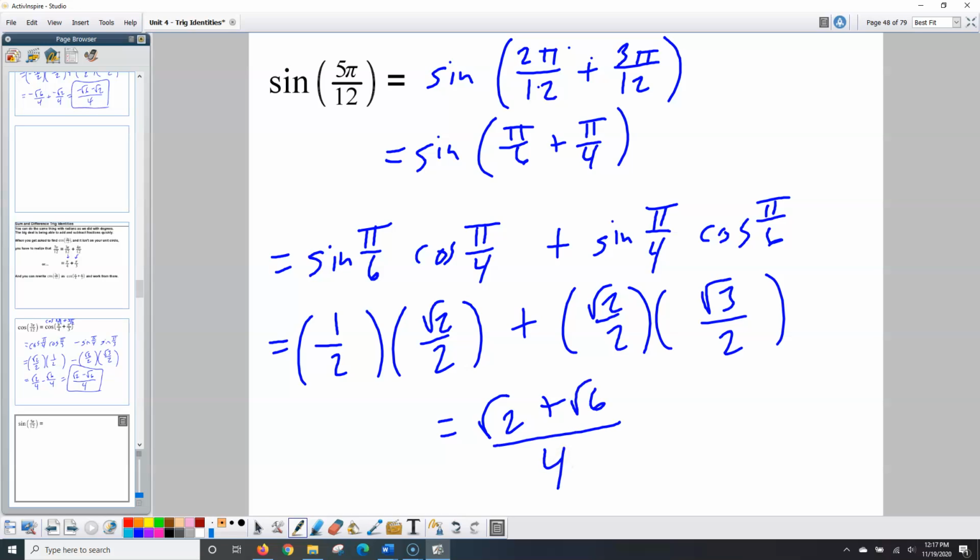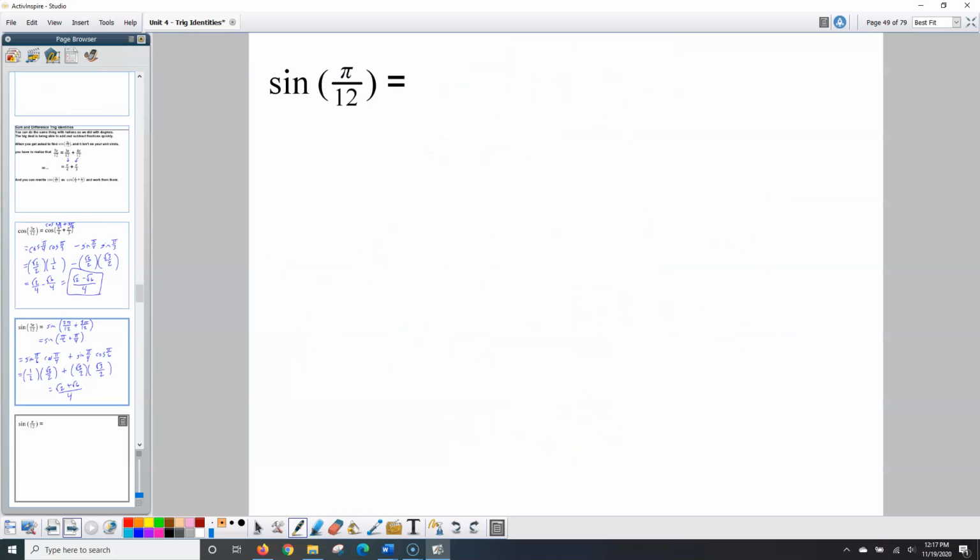Let's look at maybe one more of these, and then we'll try some more. This is a good one. Sine of pi over 12. I have to subtract on this. Like, there has to be a negative somewhere on there. So I'm going to just say sine of two things that are on my unit circle. You could do 4 pi over 12 minus 3 pi over 12.